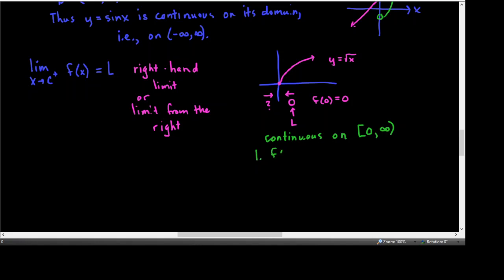1, f of c is defined. There has to be an actual value for substitution of c into the function, which is that right there. 2, the limit from one side or the other. Since we're doing this from the right side, I'm going to continue to use that one, but if I had from the left instead, it's the same argument. Okay, that limit has to exist, has to be a real number.